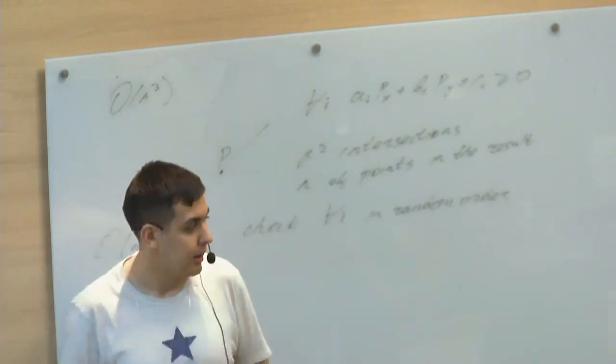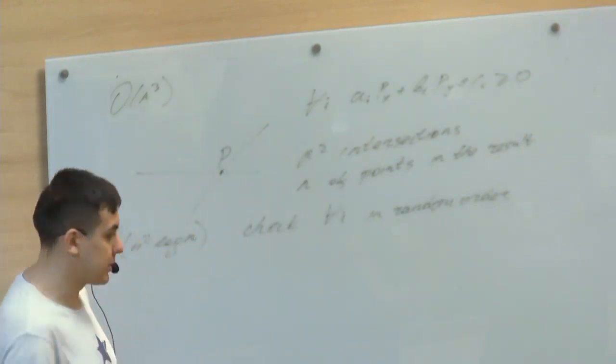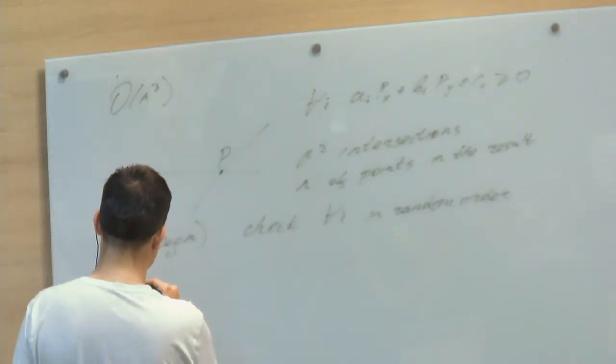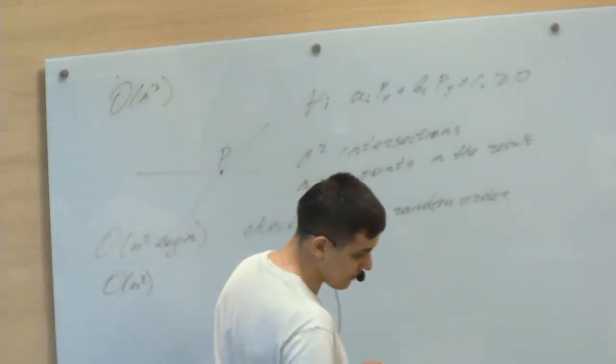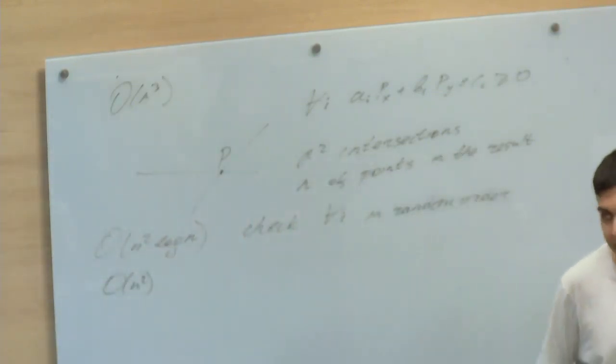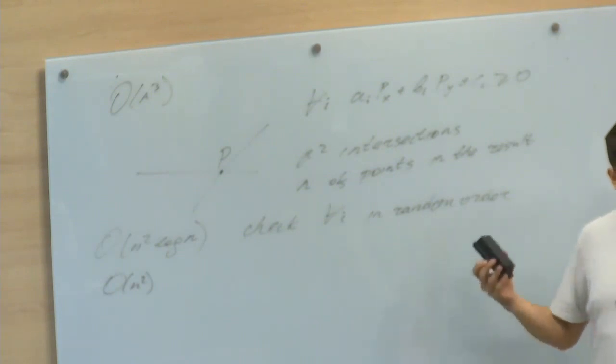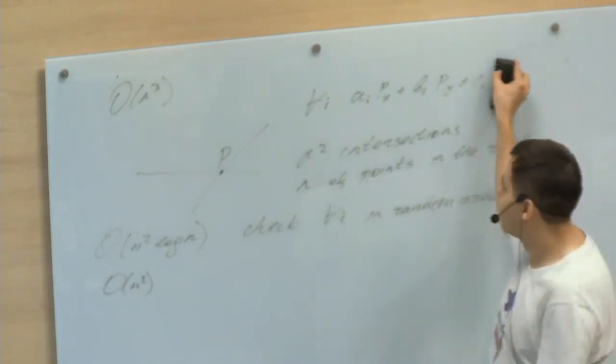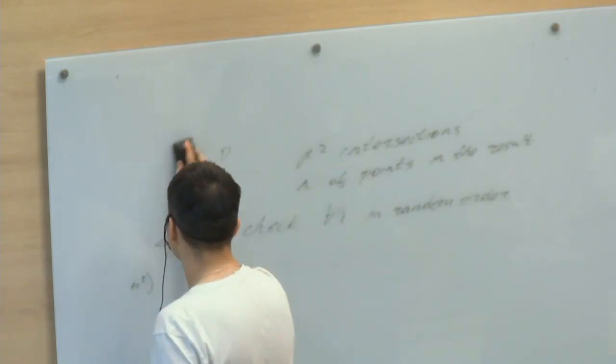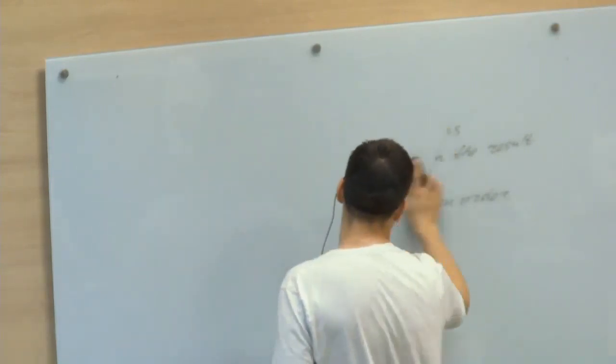Okay, now let me tell you about an algorithm that works in n squared. And it involves a function that I really like. Let's call it the cut function.